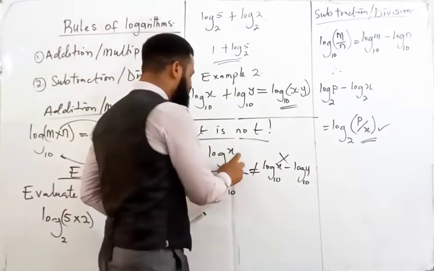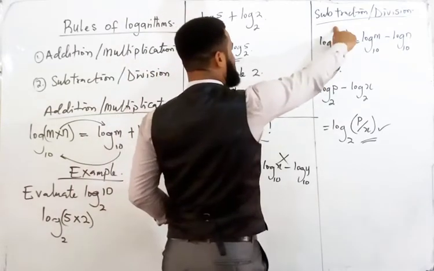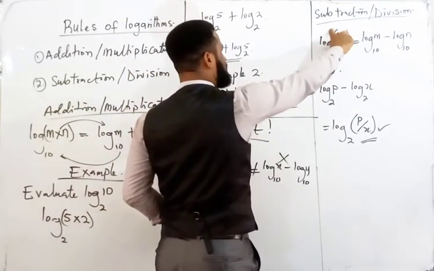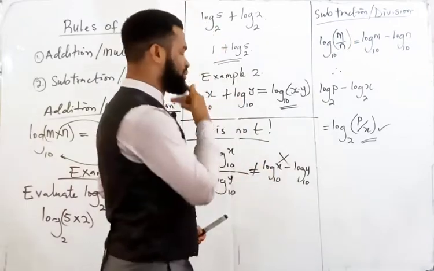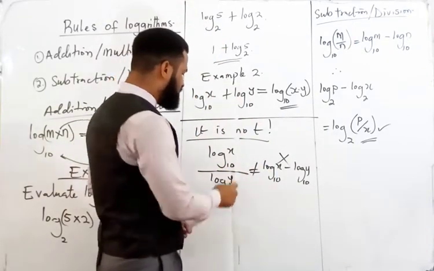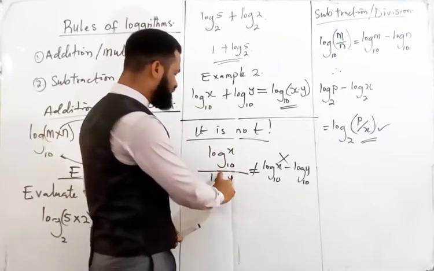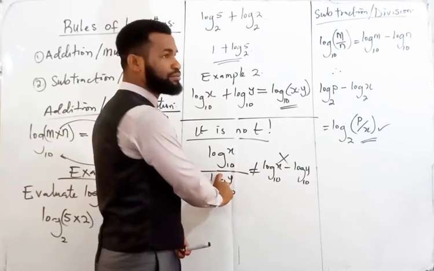The secret is that the two logs must be in the same particular log, even though they have the same base. But this one has a separate log and this has another separate log.